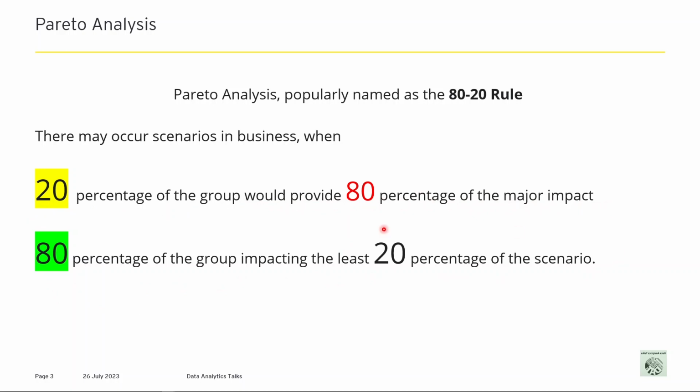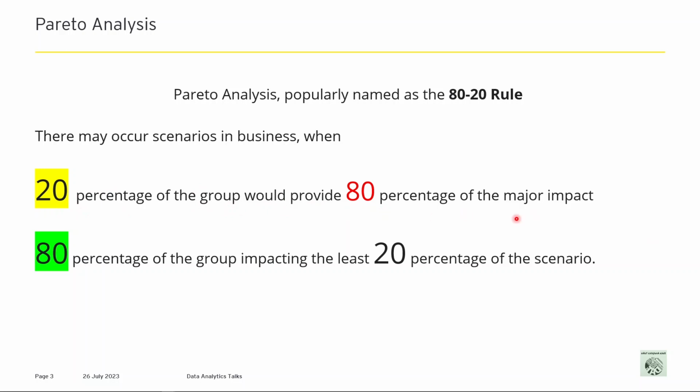You got it? So the 80-20 rule means 20% of the group would provide 80% of the major impact, and 80% of the group impacting the least 20% of the scenario. So the 20% of the population has a major impact compared to the 80% of the population.